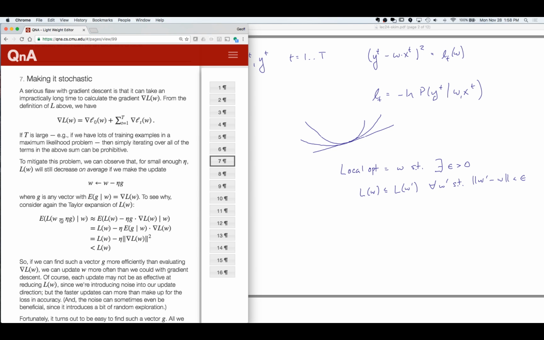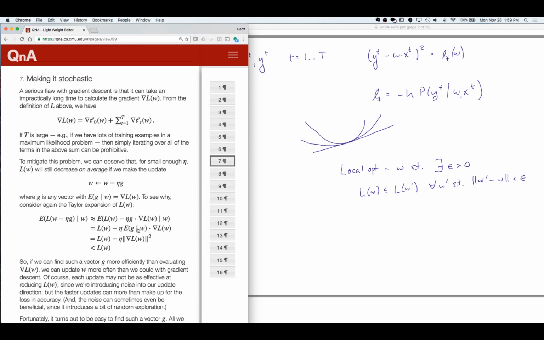If we take the expected value of L of W minus eta g, where the expected value is over the randomness in g, you can say that that's approximately equal to, if you substitute in the Taylor approximation, L of W minus eta g dot grad L at W. Then by linearity of expectation, you can push the expectation inward and get eta times the expected value of g.